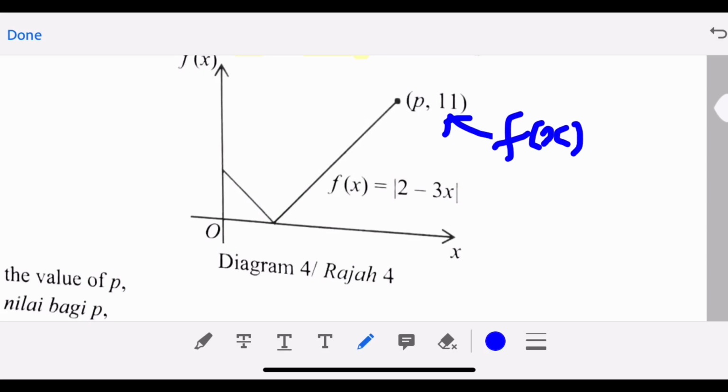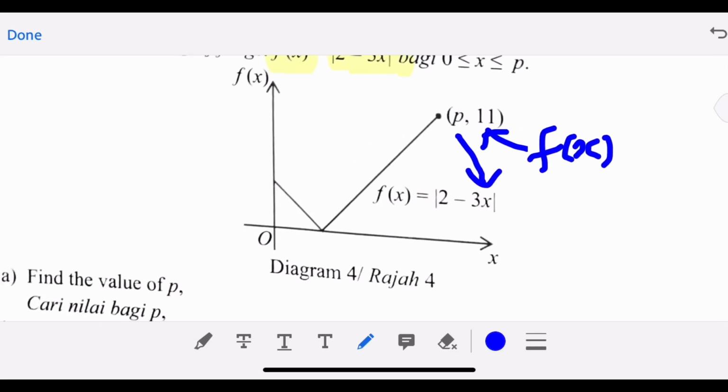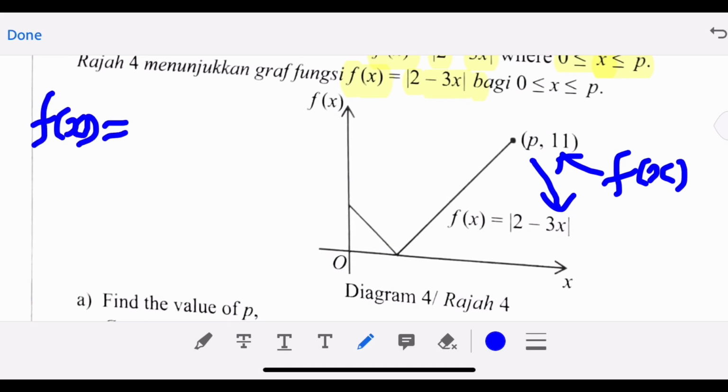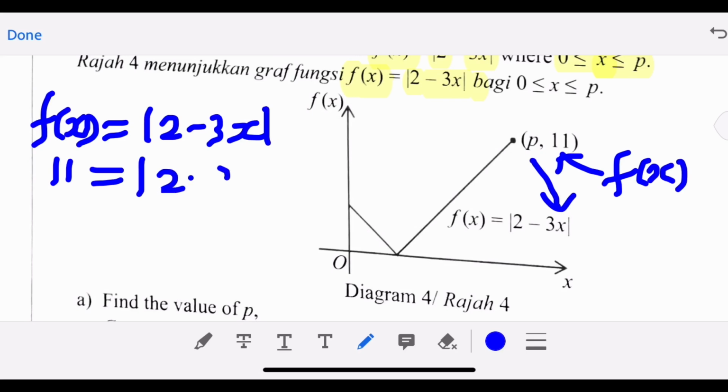The point given is p and 11. So when you see the point (p, 11), the p is referring to x, and the 11 is actually referring to f(x), and f(x) is always y. Bear in mind that. So we can substitute the 11 into the function because 11 is the y value and y is equal to f(x), right?